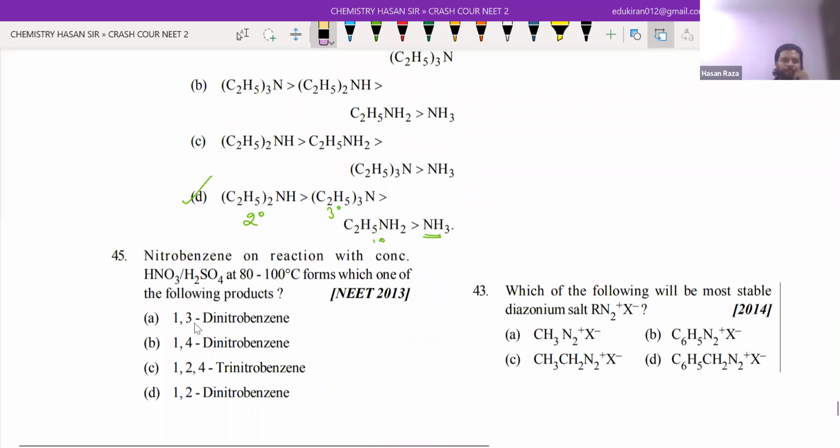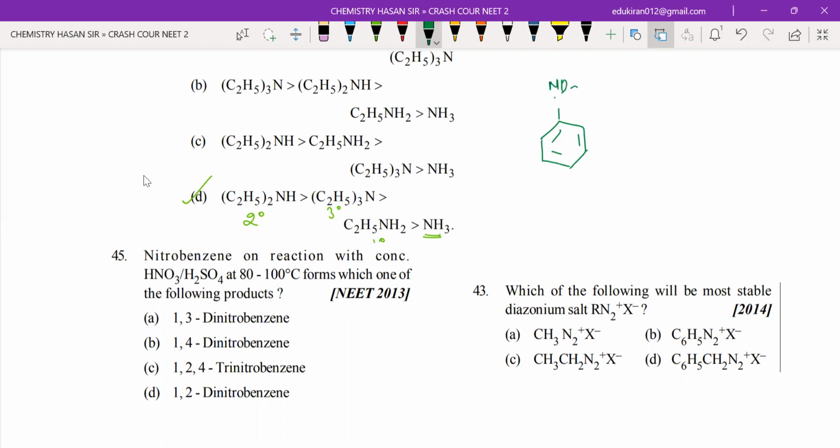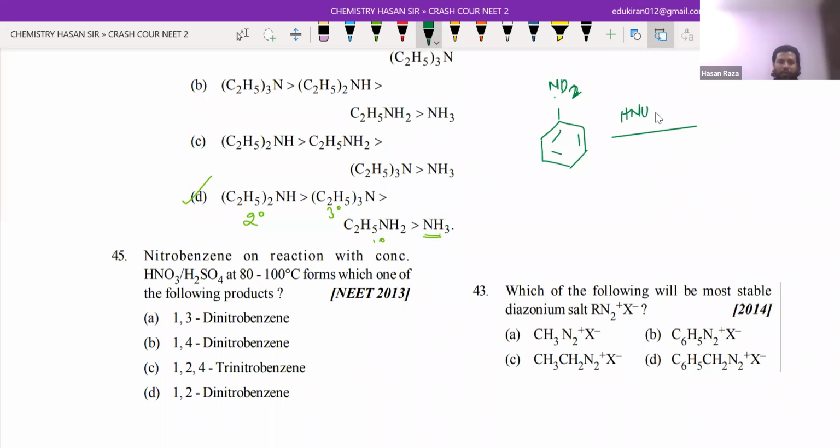See, nitrobenzene, that means this is your nitrobenzene, on which you are going to react HNO3 in the presence of H2SO4.